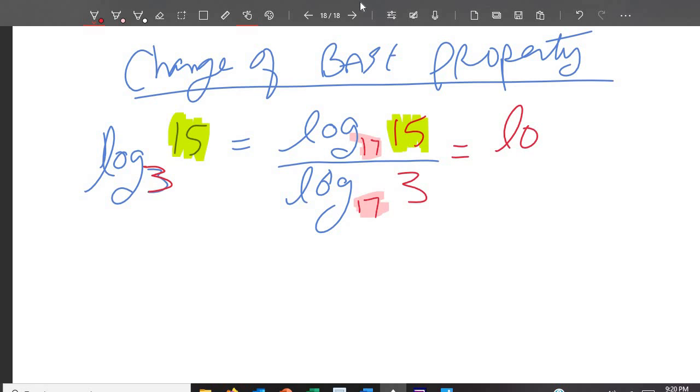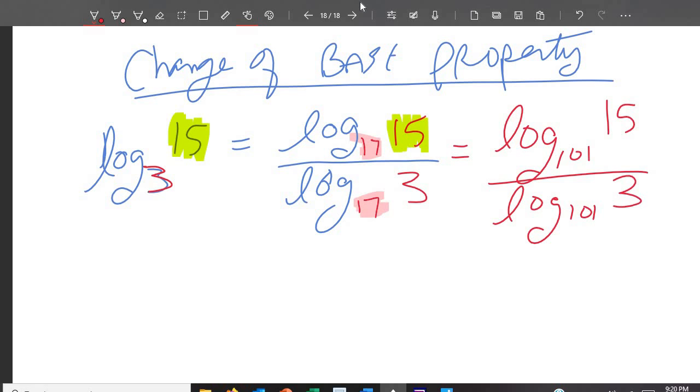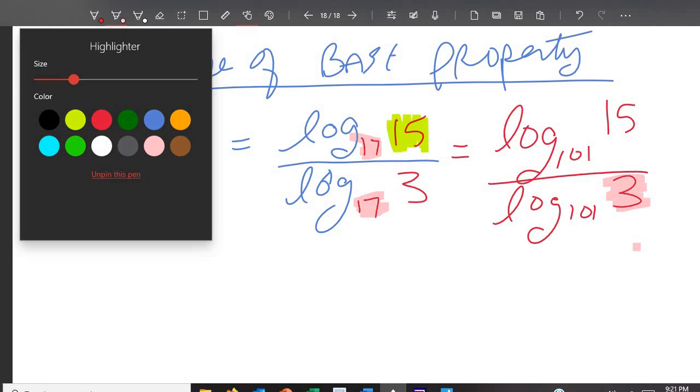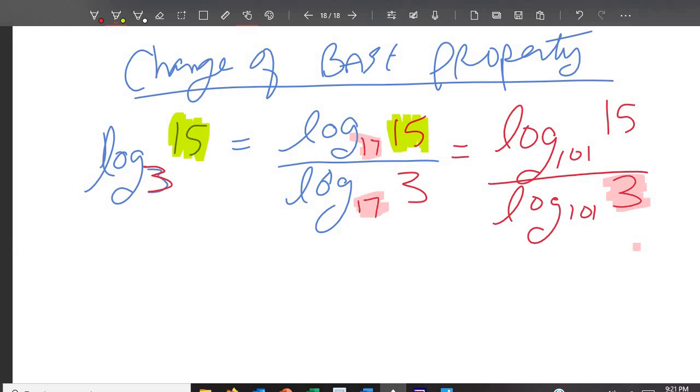Suppose I wanted to do, let's say my base was 101. I could make it be this. Here's the original base, and my new base is now 101. Why 101? I don't know. Just because I didn't have anything else to do, I guess. So, the base can be anything.